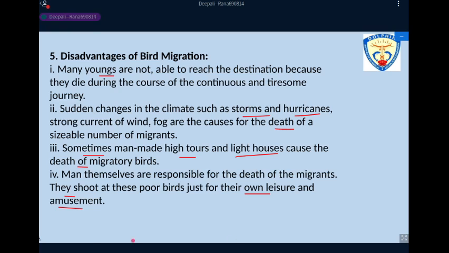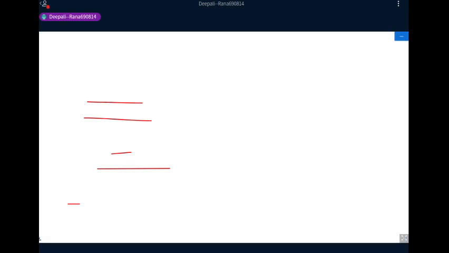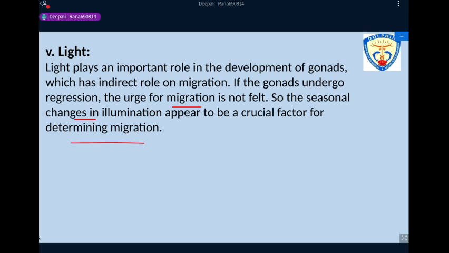Okay, so this was all about the migration process, the types of migration, the disadvantages, the orientation. Do you people have any query regarding any of the slides? You can ask.